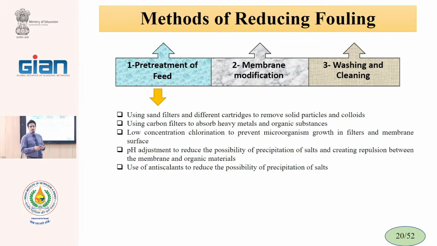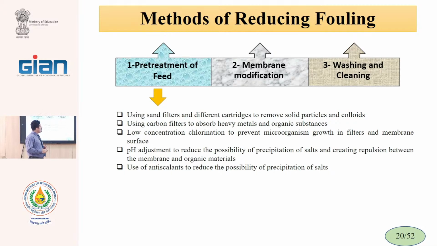This is the best method, because we can control the fouling agent. For example, using sand filters, carbon filters, and different cartridge filters for removal of particles and colloids, and using carbon filters to adsorb heavy metals and organic substances.